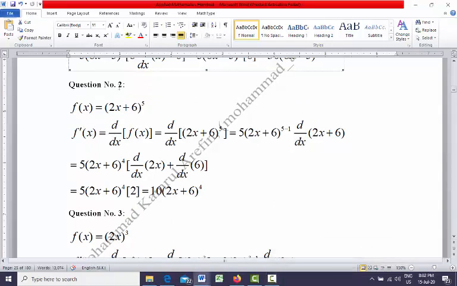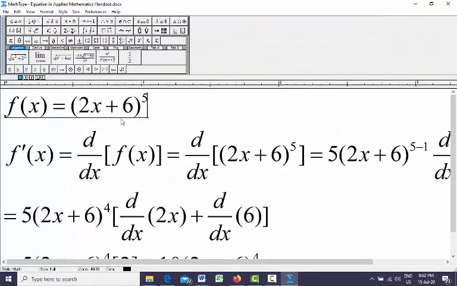Now let us solve question number 2. As you can see, this one is similar to before. Here also there is a bracket, and on top of that there is a power. As I said before, you need to process the power first.